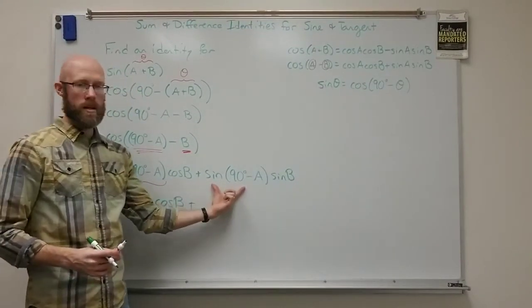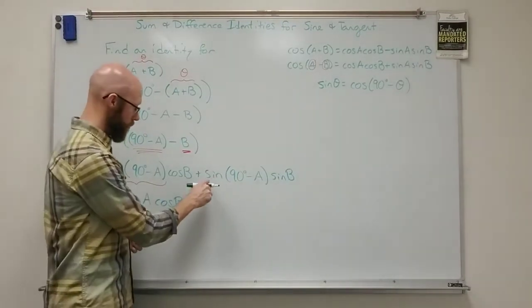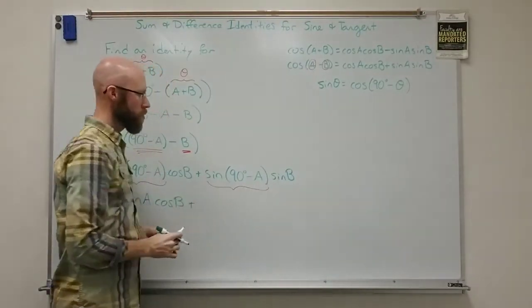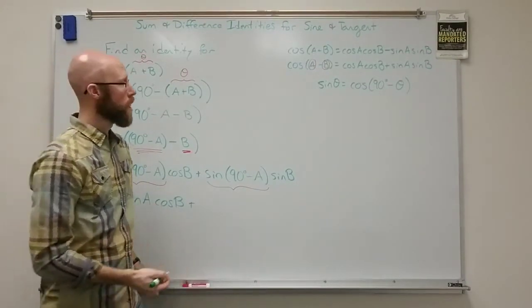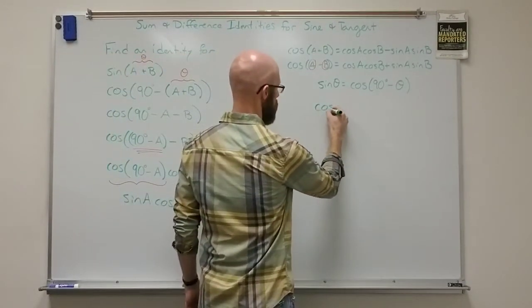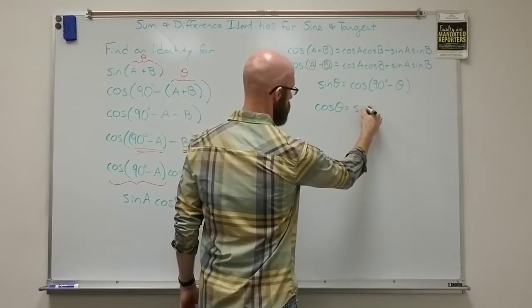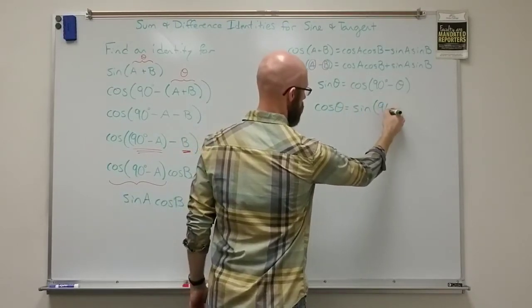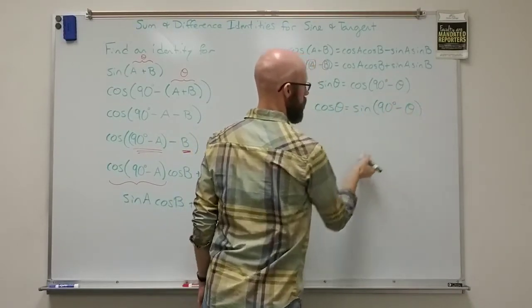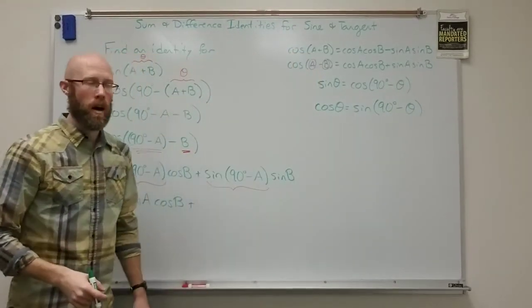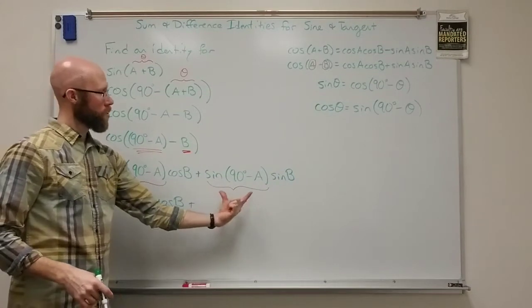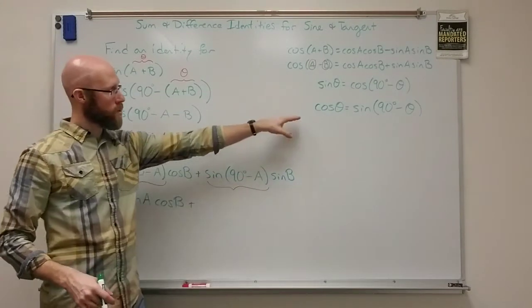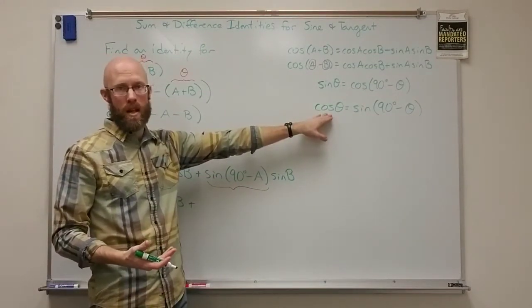Now this also is a cofunction identity. The sine of 90 minus a, remember we had a second cofunction identity, actually we had six of them, but the other one said that the cosine of theta equals the sine of 90 minus theta. We talked about that one in a prior video. And so the sine of 90 minus theta is really cosine theta.